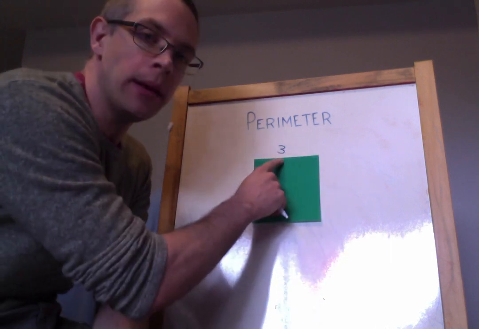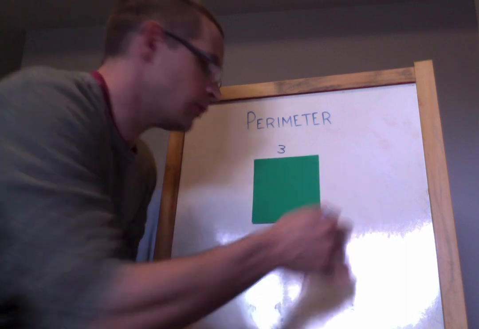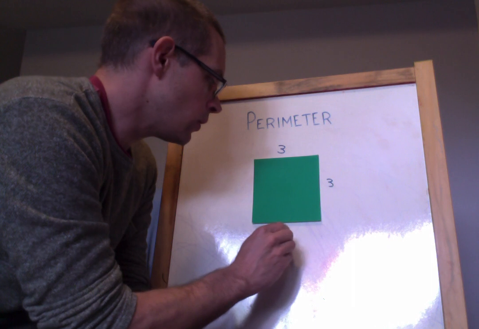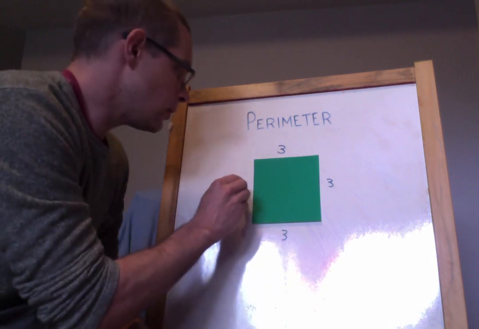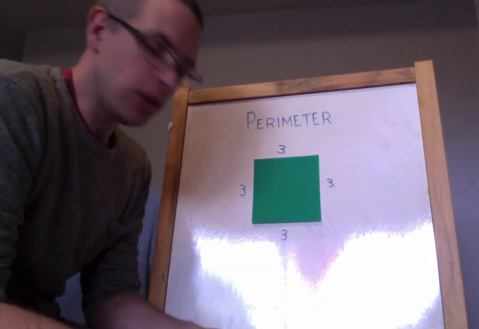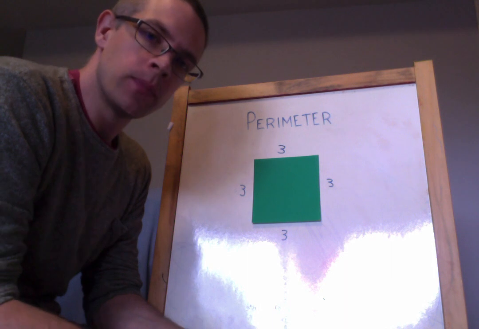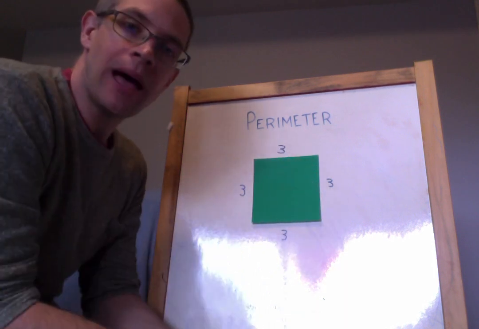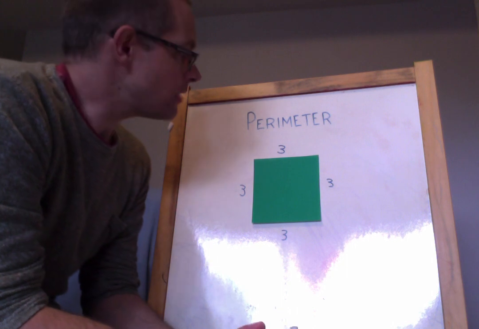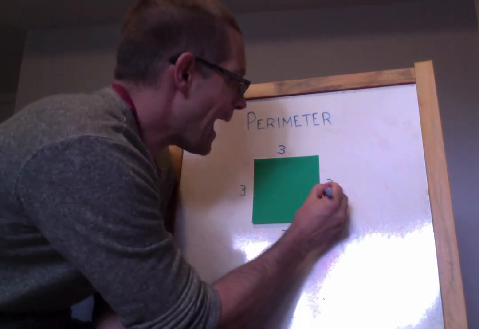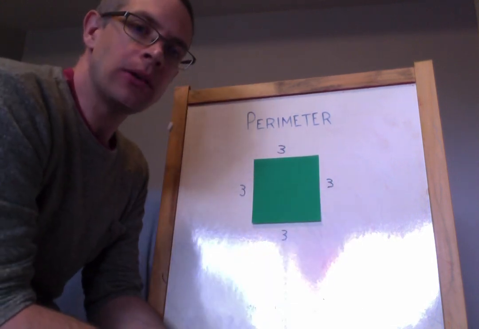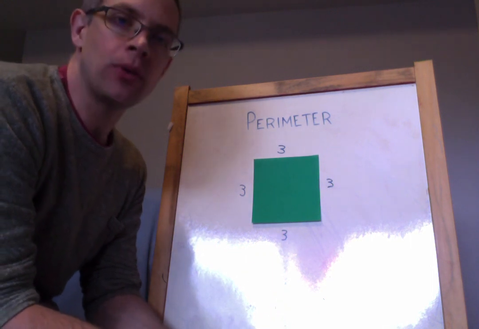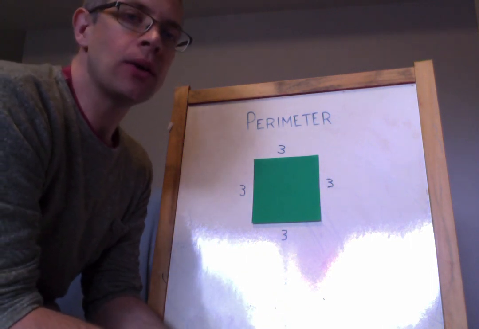If I've measured one side, that tells me right away that every side of this square is 3 units long. To find the perimeter, all I need to do is add those sides. But instead of repeating that addition, 3 plus 3 plus 3 plus 3, what else could I do?